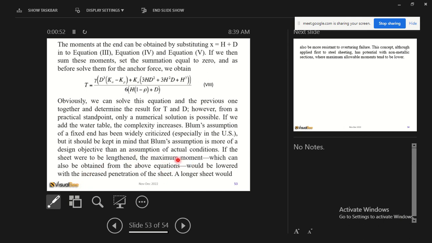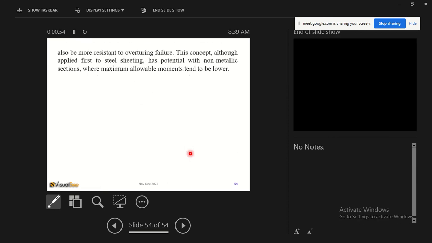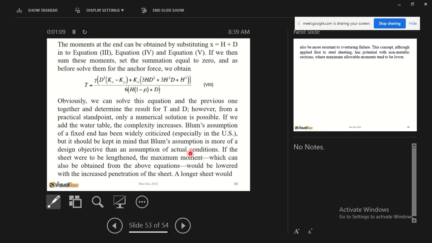A longer sheet would also be more resistant to overturning failure. This concept, although applied first to steel sheeting, has potential with non-metallic sections where maximum allowable moments tend to be lower. So this just demonstrates that the assumption he made is a little unreasonable.